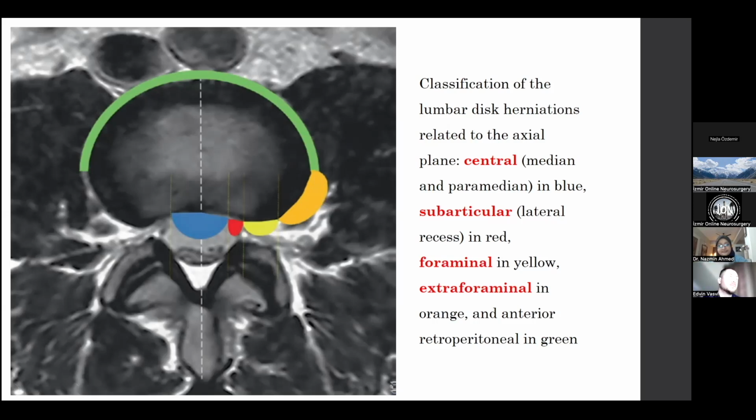The presentation differs considering the position of the herniated intervertebral disc. Usually central and paracentral herniations cause compression of the traversing nerve root, and foraminal and extraforaminal herniations cause compression of the exiting nerve root. So the clinical manifestation differs between central and paracentral versus foraminal and extraforaminal herniated disc.